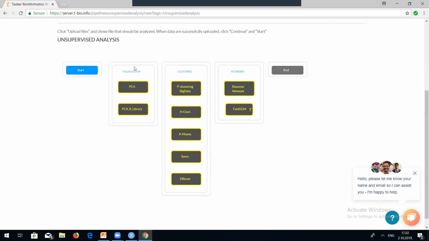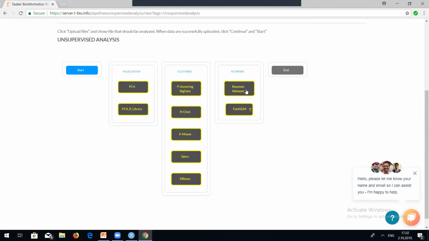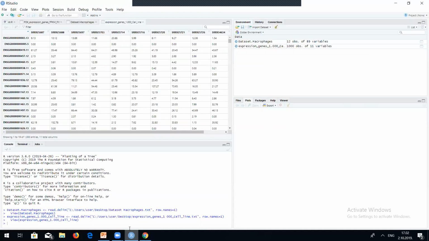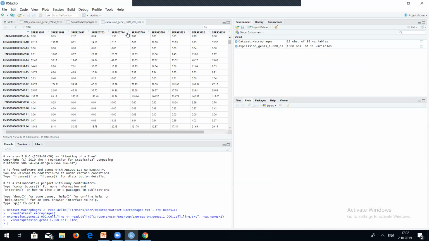So now that we pressed the button for Bayesian network, we have a brief explanation of what Bayesian network does. Imagine that these nodes are genes. Now we're not analyzing comparisons between samples as a whole, but we are narrowing down even more from differential analysis to single genes and the relations they could have between each other.